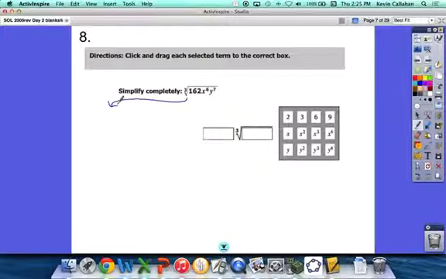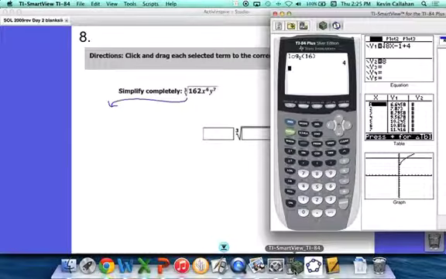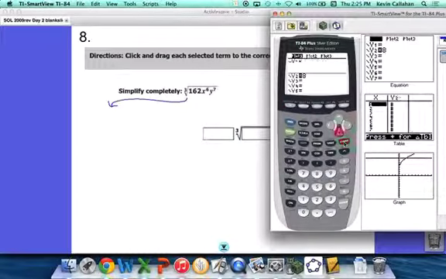Is 162 a perfect cube, since this is a cubed root? No. Does it have any factors that are perfect cubes? And which would you say is the factor that is a perfect cube? 27. So remember, if you're not great at that, you can always use your calculator to make the perfect squares and perfect cubes.